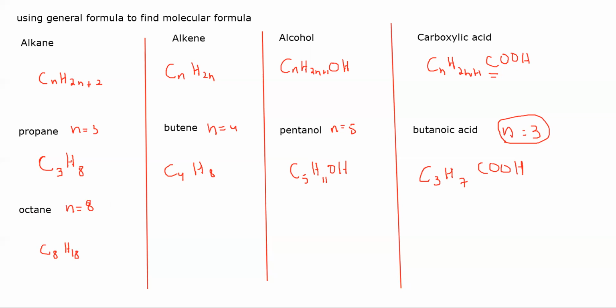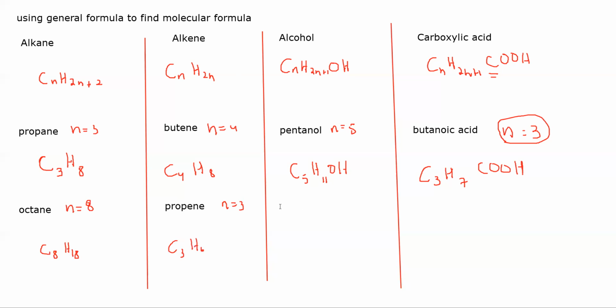If I say, what is the formula for propene? Prop is 3, so C3H6. So C3 and H6.